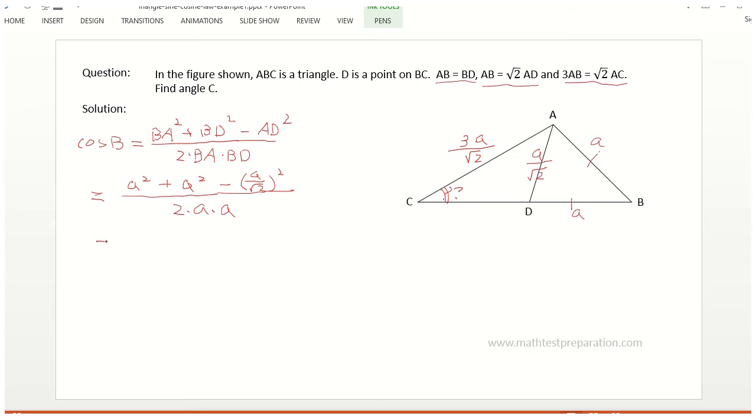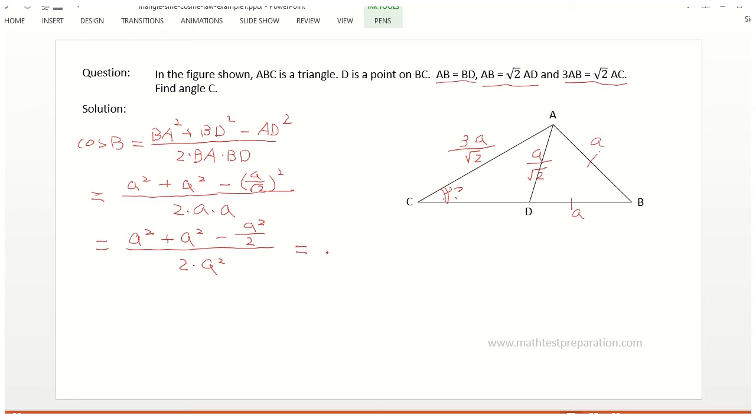So this equals A square plus A square, subtract A square divided by 2. Denominator is 2 times A square.